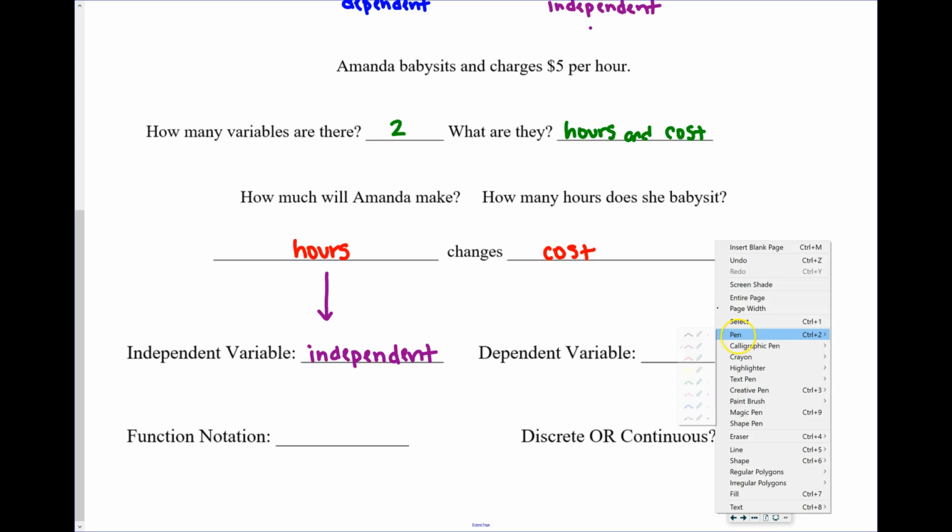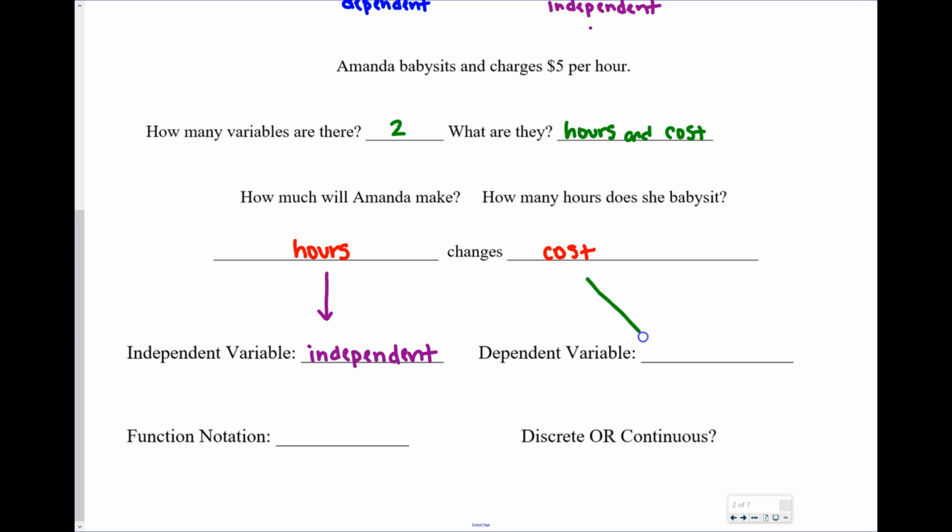My dependent variable is going to be my cost, because the cost depends on the hours. Another way we can write this besides using the word change is we can say that cost depends on the hours. When you see cost depends, that means cost is your dependent variable.